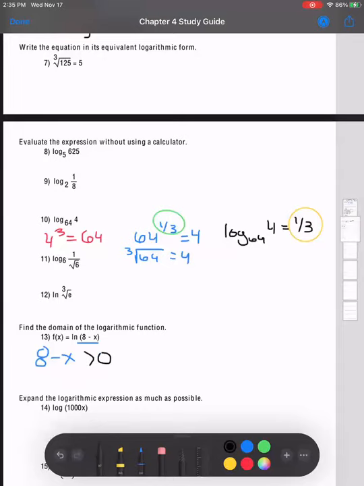So then you can subtract the 8 from both sides. So then you are going to get negative x is greater than negative 8, which if you then multiply by a negative on both sides, you will get x, and then you have to flip the inequality symbol because you multiplied by a negative. So you get x is less than 8.